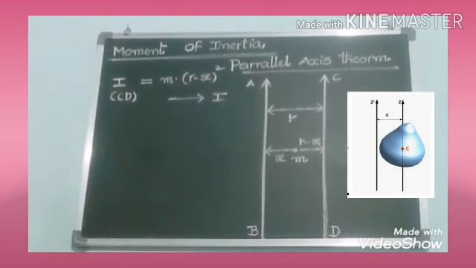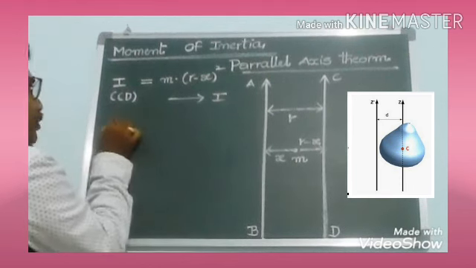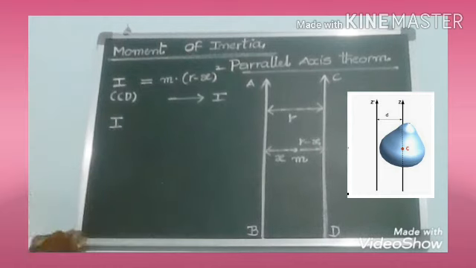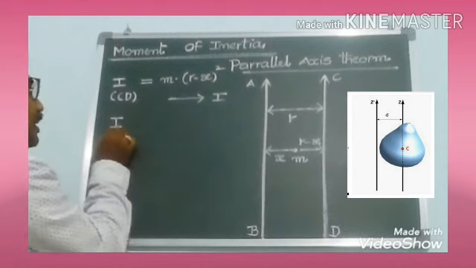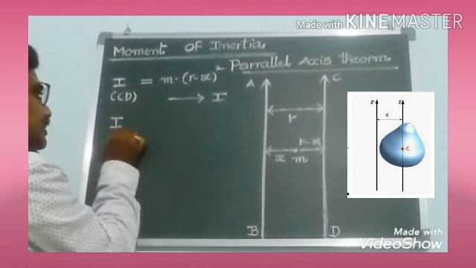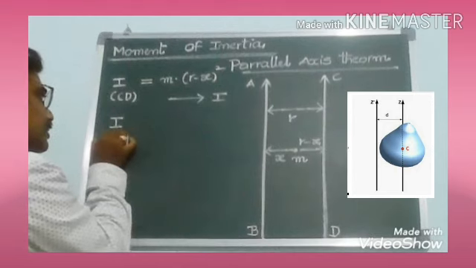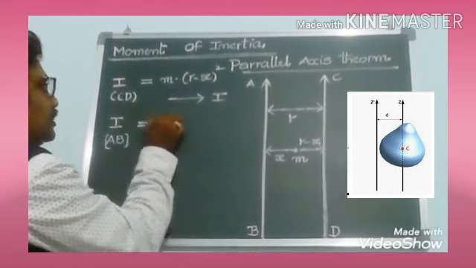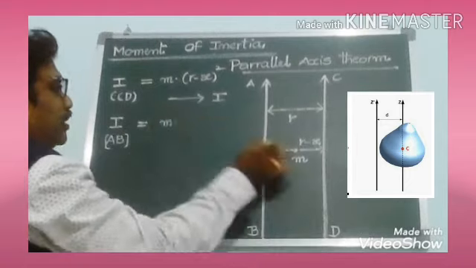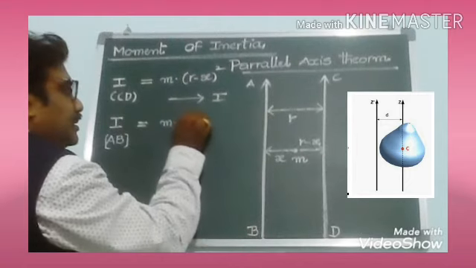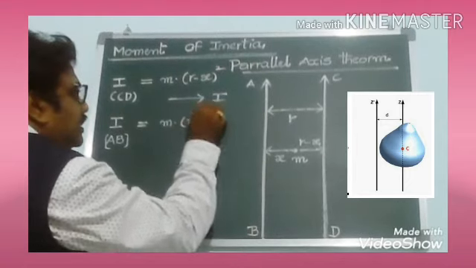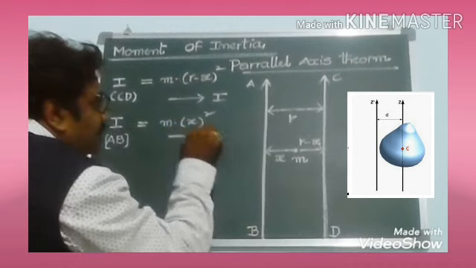And second, I am going to introduce the moment of inertia with respect to the AB axis: m into x square, where the perpendicular distance is x. This is equation number 2.